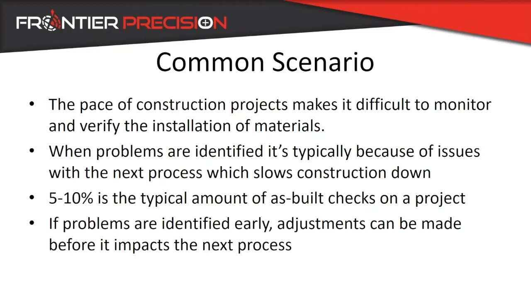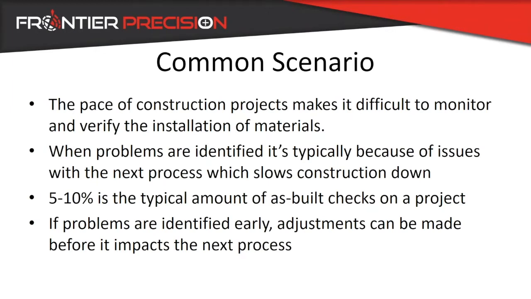Typically, when a construction company tries to as-built, you're only able to get about 5 to 10% of the data on a project. So a very small amount. It's really more of a spot check of maybe just really critical items: did this go according to plan? Was this installed right? Was this done right? And you have a lot of gaps in your data. I mean, 5 to 10% is not much.